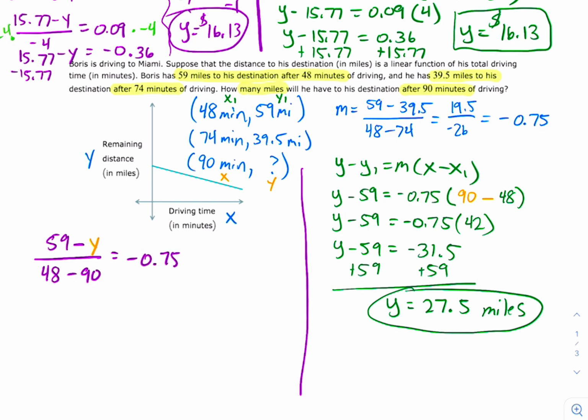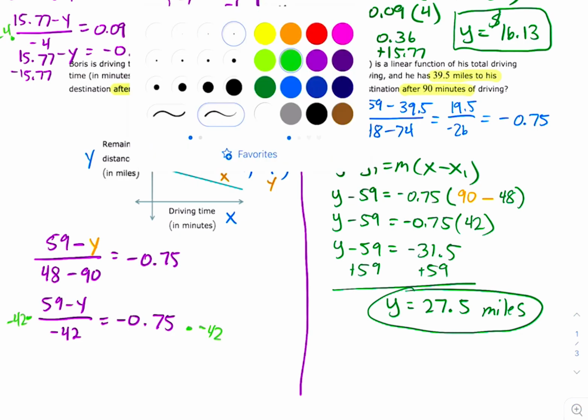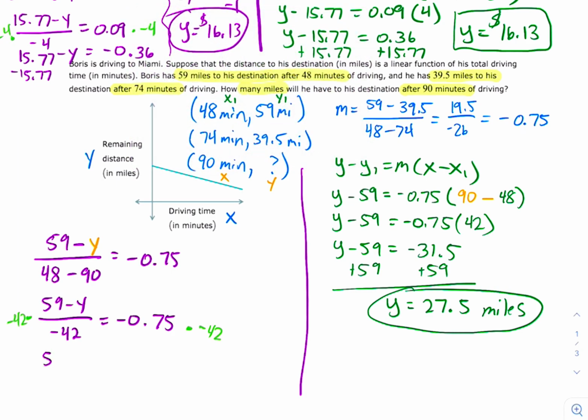And now we're just working on simplifying. So 59 minus y stays the same. 48 minus 90 is a negative 42, still equal to negative 0.75. And then to get rid of that fraction, we are just multiplying both sides by the denominator. So 59 minus y is going to equal a positive 31.5.